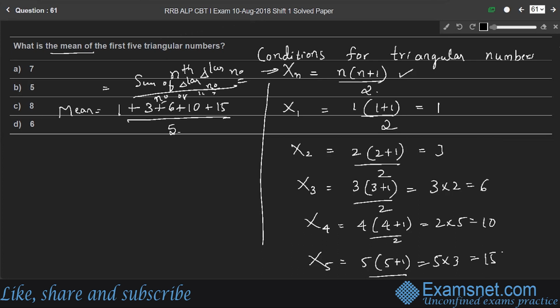So 3 plus 6, 9 plus 1, 10 plus 10, 20 plus 15, which is 35 by 5. So which is 7. Right? So 7 is their mean. Therefore, option A is the right answer.